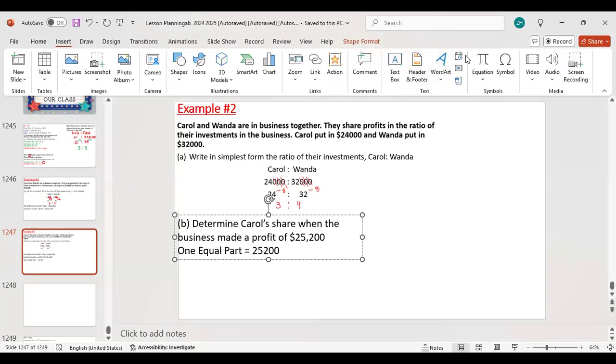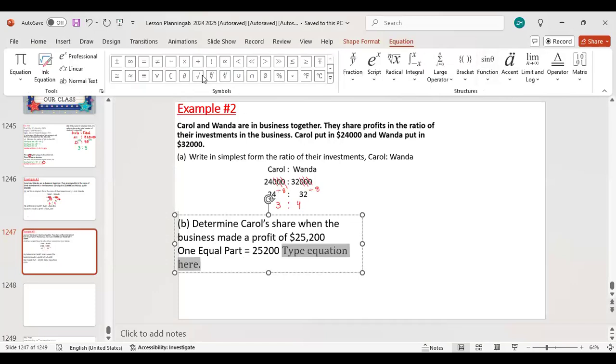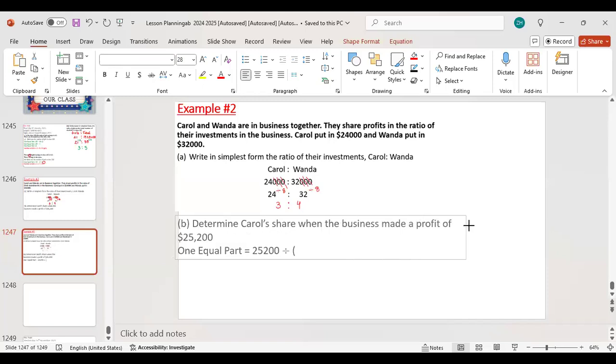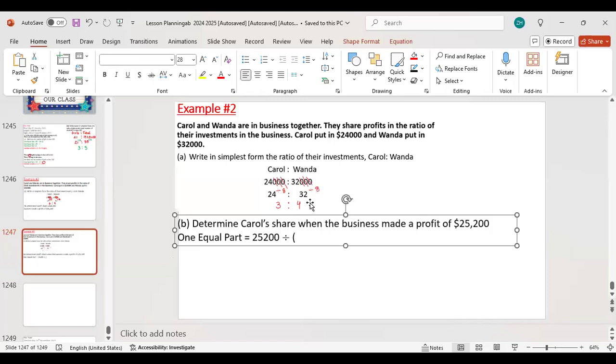Where did we get the 7 from? 3 plus 4. Where did we get the 3 and 4 from? After we simplify, the ratio. You see why they asked us to simplify it from above, right?